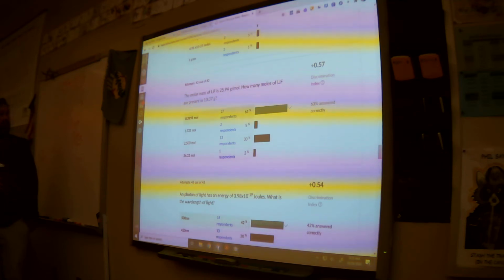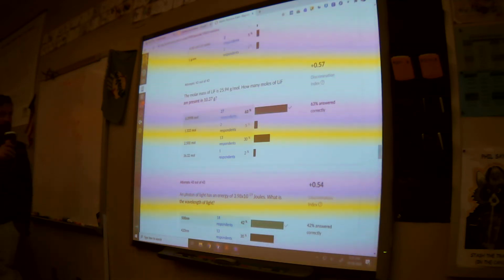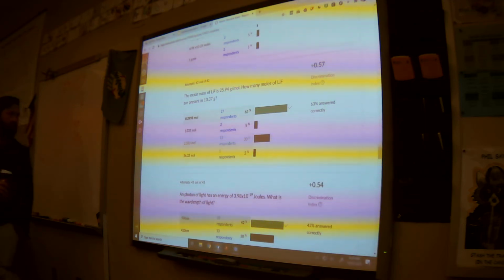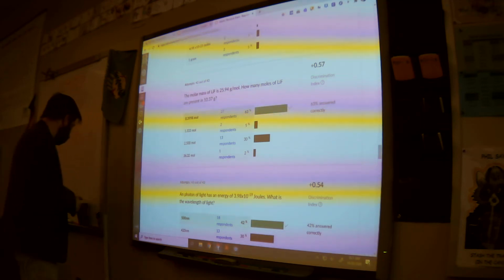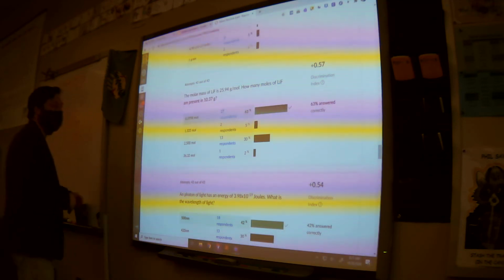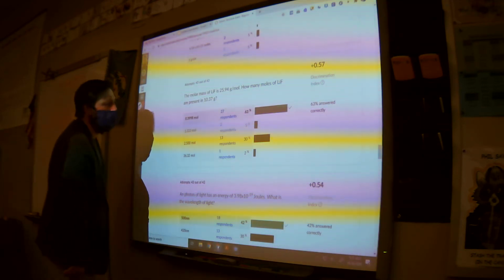The molar mass of lithium fluoride is 25.94 grams per mole. How many moles of lithium fluoride are present in 10.37 grams? In this case, it's another one of those things.